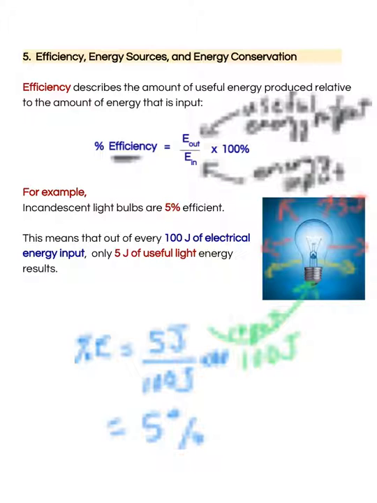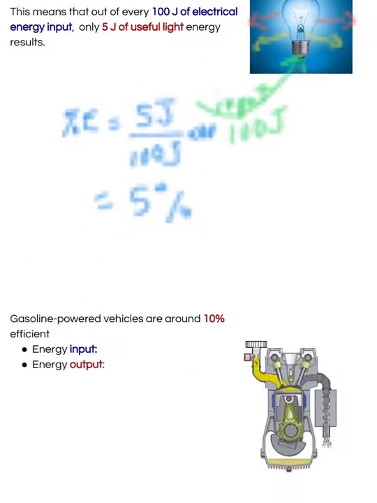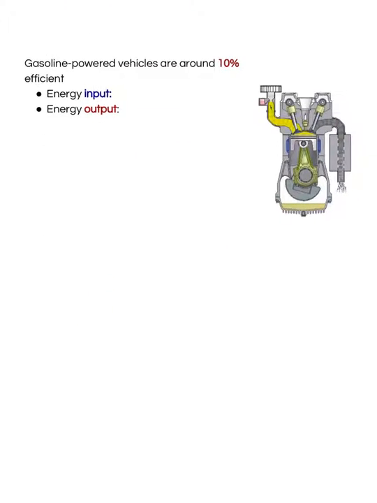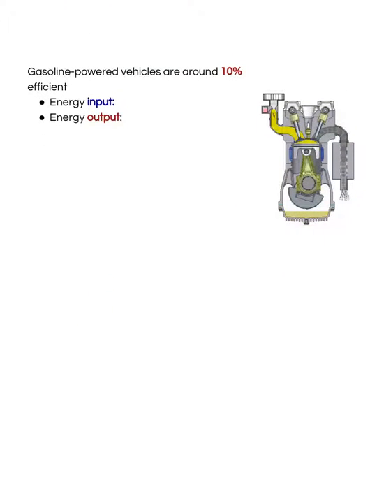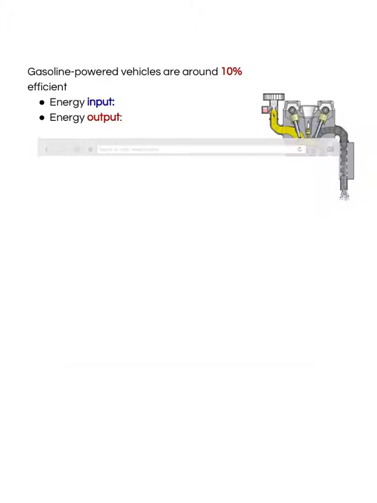All right, so let's look at a second example. I'm just going to pull up a video here in our browser, because what I have there on the right is an internal combustion engine. I want to pull up something that has a bit of an animation to it so we can see that. So internal combustion engine.